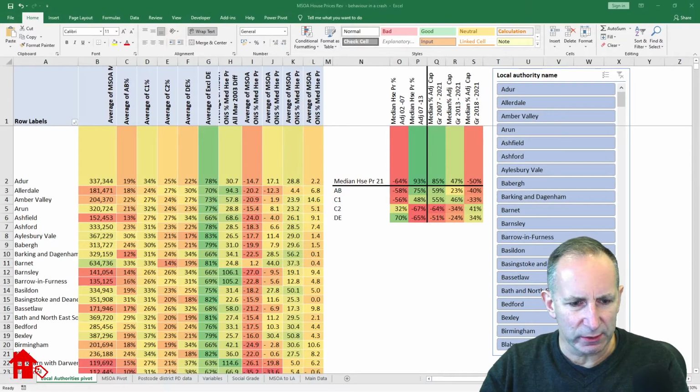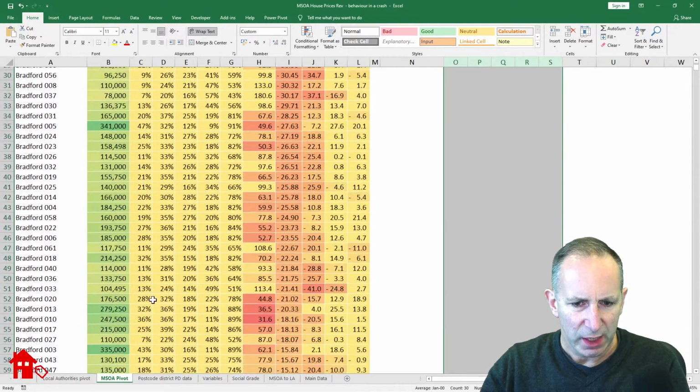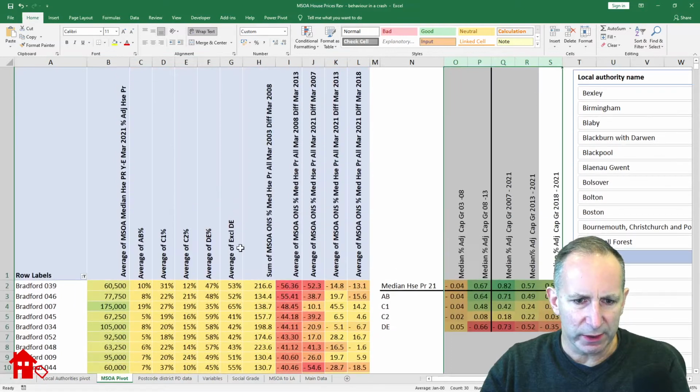Now, the first data set I'm going to show you is from a spreadsheet which I've shared in a previous lecture. And this shows the MSOA data. So there are 8,000 or so MSOAs in the country. And what I've done is aggregated social grade data with this.